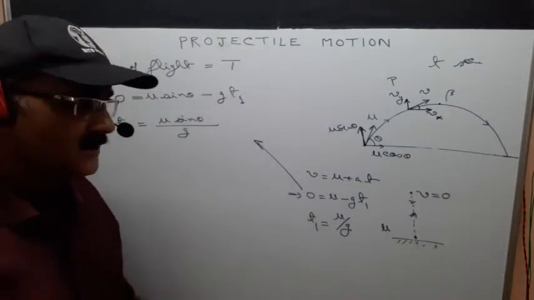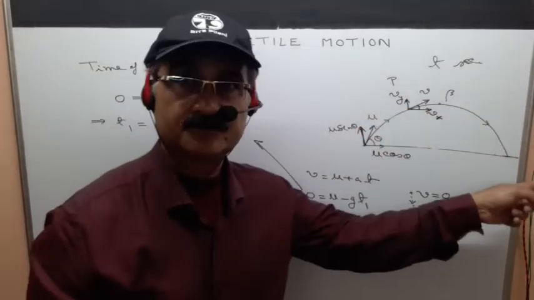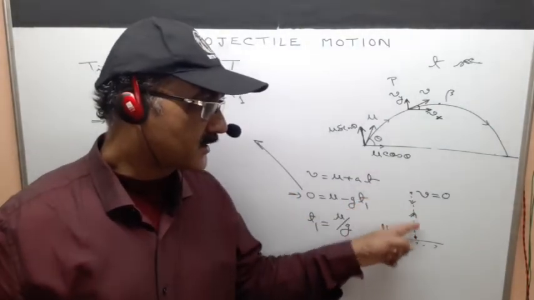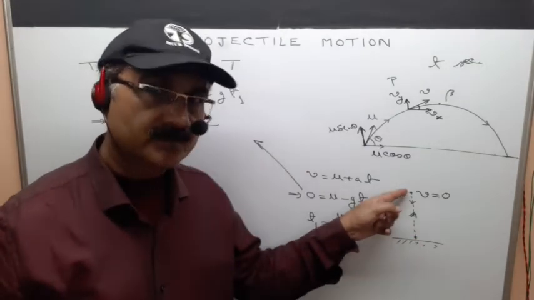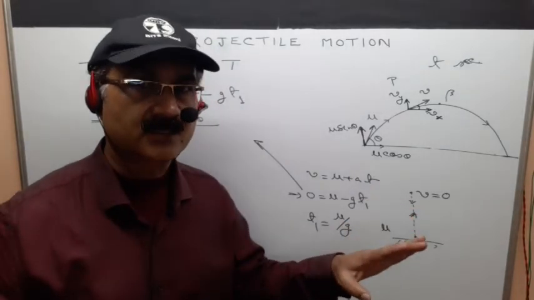Now we want the time of flight. Time of flight means the total time. We know that the time of ascent is equal to time of descent. So if it takes 2 seconds to go up, it will again take 2 seconds to come down. So total will be 4 seconds.